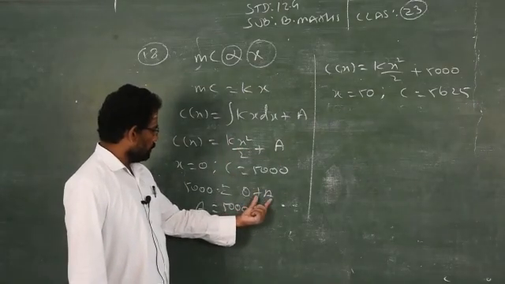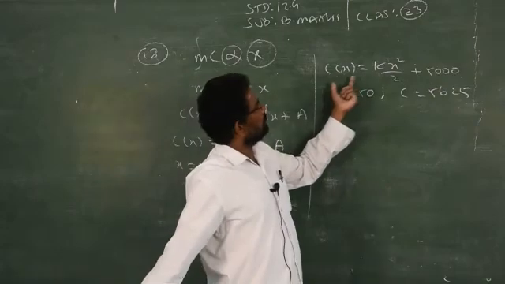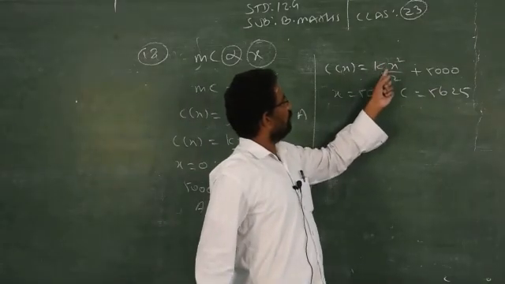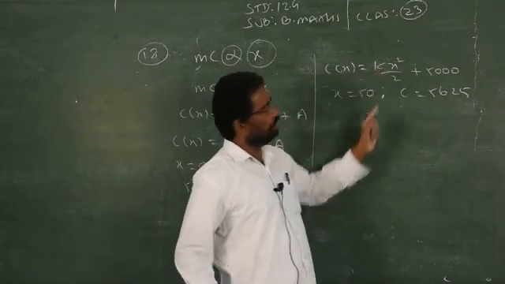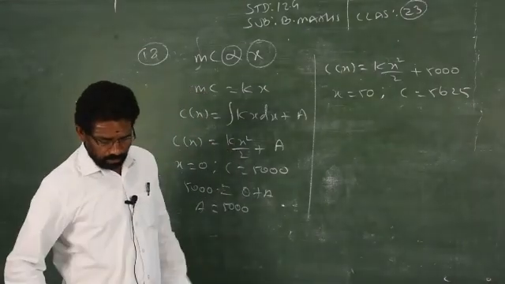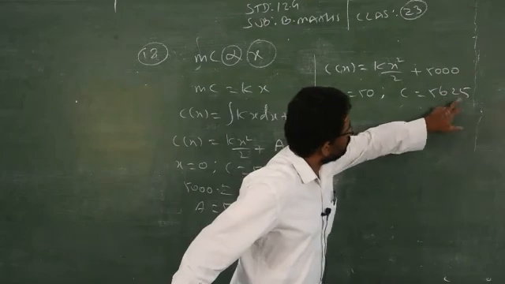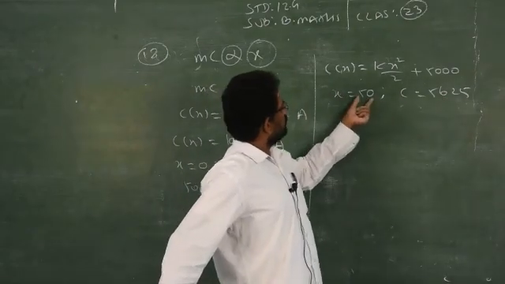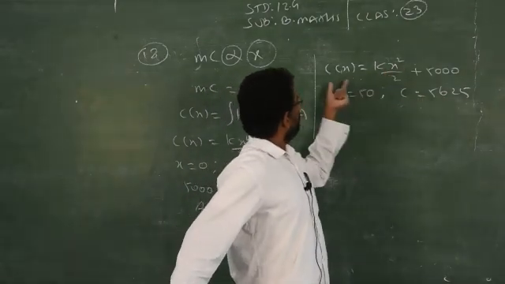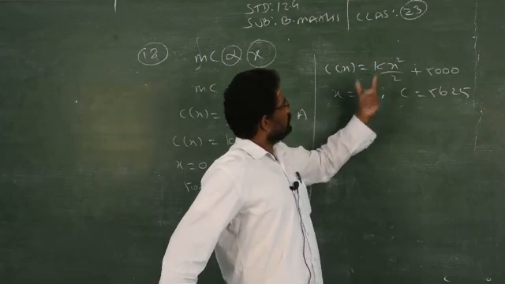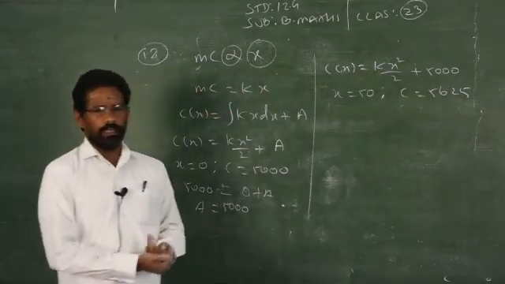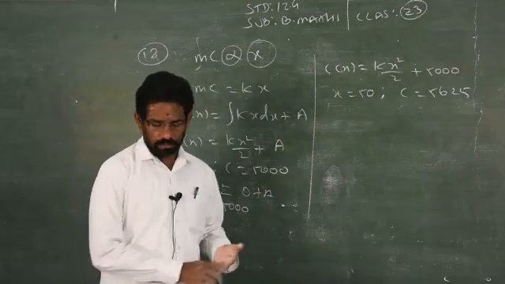After finding the value of the constant, just replace it in the cost function. Again we have one more constant. To find this constant, they gave another piece of information, that is the cost of producing 50 units as 5,625. So now you have to replace x by 50 and the cost by 5,625, and you will get the value of k. You find the value of k and we will see the next exercise in the next class.